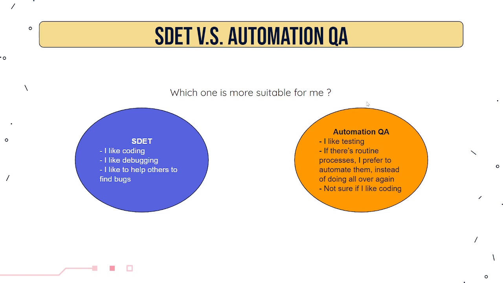Then you can start from automation QA, and maybe that is your main career path. But if you find that you've built some interest from the programming you do in your automation QA career, then you can jump to SDET as well.